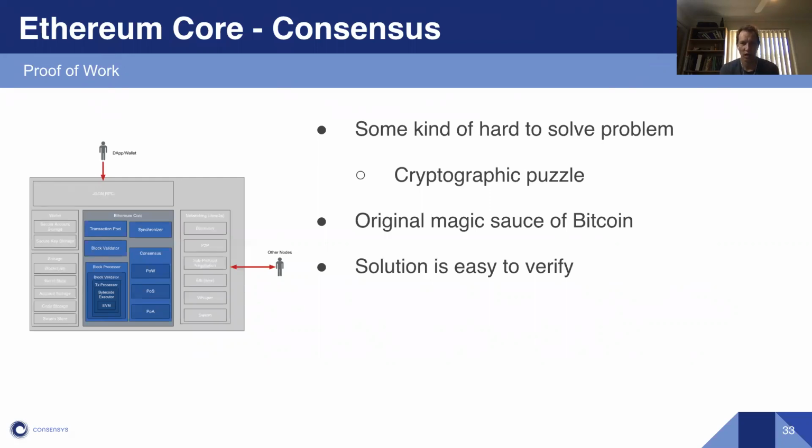And that's a hard thing to solve in the first place. But then once you've got the solution for what it is, it's easy to verify that the solution is right. That's the way that the proof of work algorithms work: there's some sort of hard to solve cryptographic puzzle. Once you've got the solution, it's easy to verify that the solution is the right one.